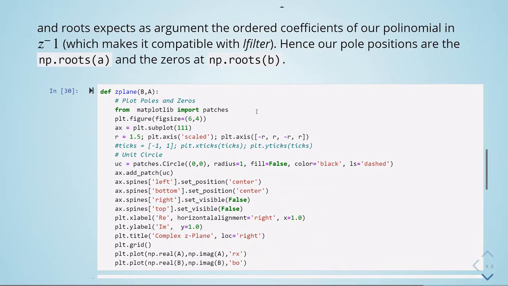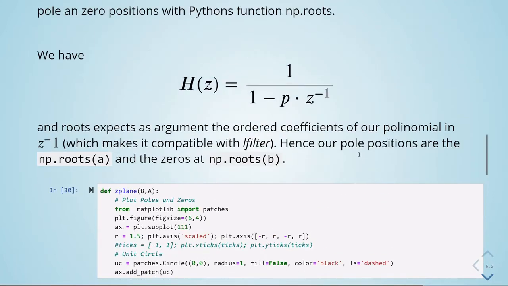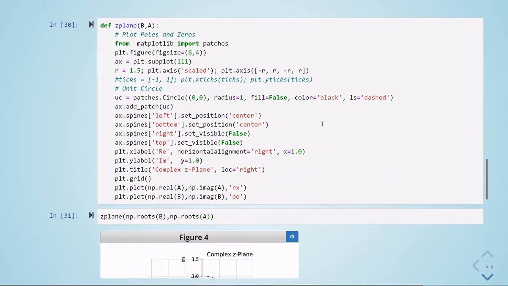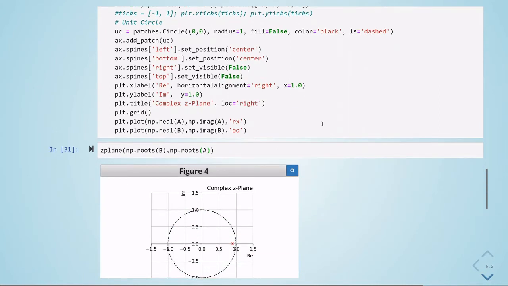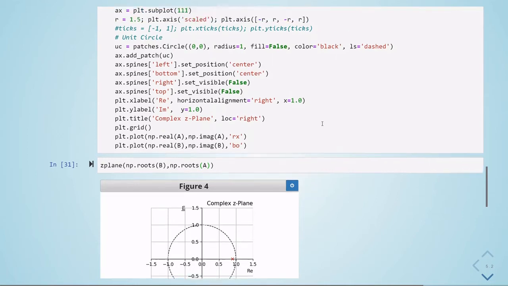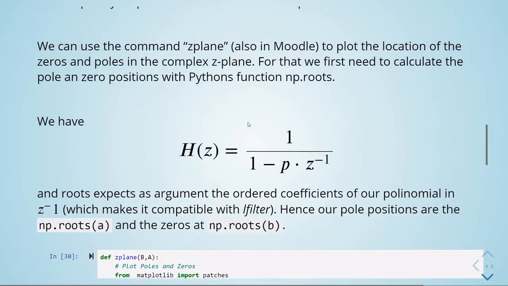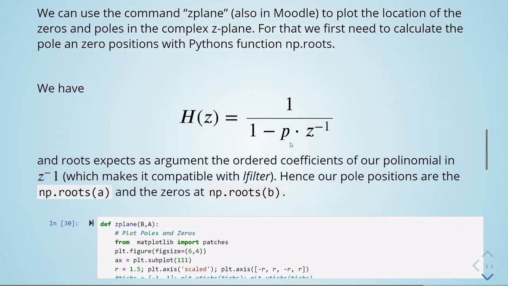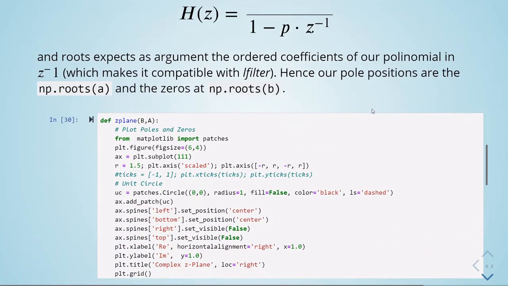So we're defining here a function called zplane that's going to plot the poles and zeros. The poles will be marked with an X, and the zeros will be marked with a circle. As this is our transfer function, we don't have any zero, and we'll have a pole. So if a1 is equal to 0.9, we have a pole at 0.9.